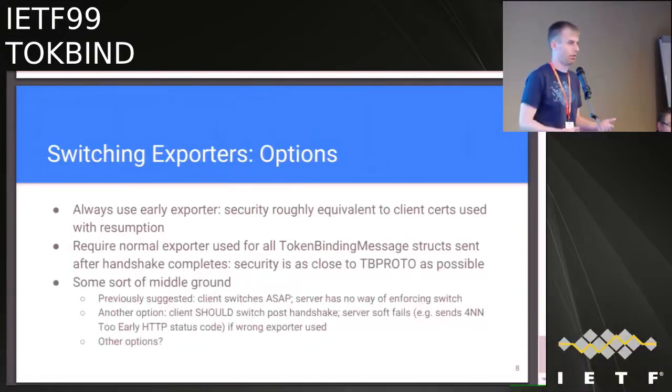Or if the application is such that there's no early data, if there's no bound token in early data, then it just says you always use the full strength exporter. I think that's another option, to move that to the application profile. I think, though, that the base zero RTT token binding draft should have some amount of guidance of like you must do at least this much for it.